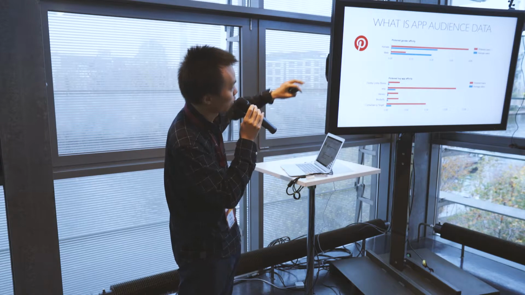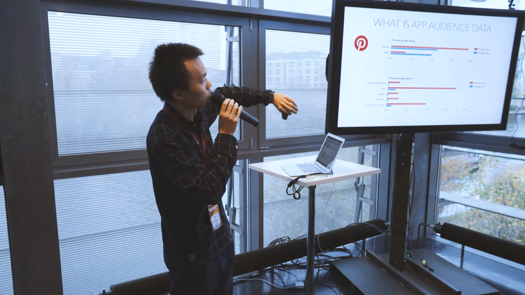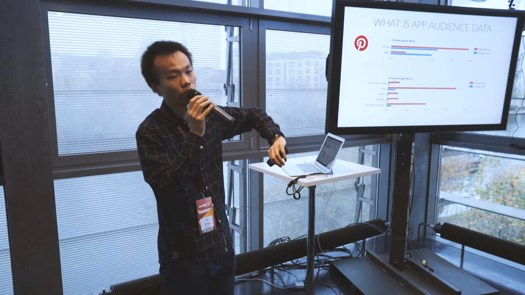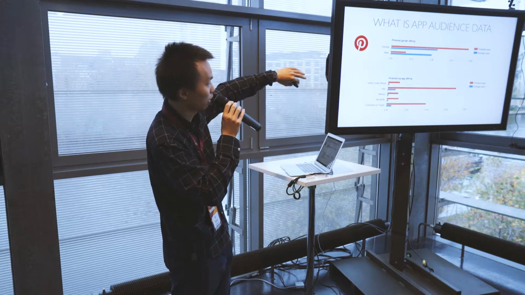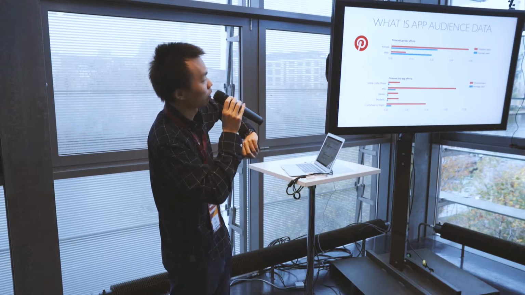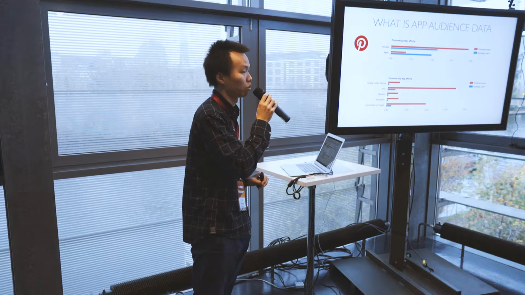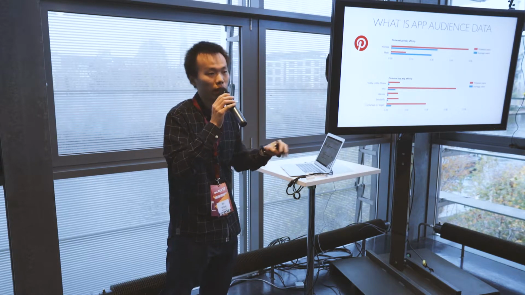You can see from this graph that Pinterest users are more or less 80% more likely to be female than average users. And the second one tells you that Pinterest users are 70% less likely to be male than the average user.